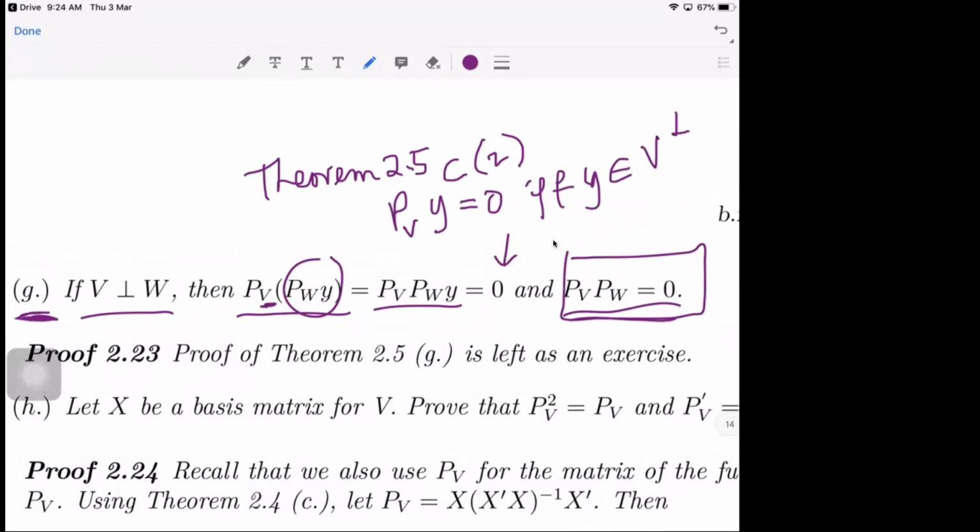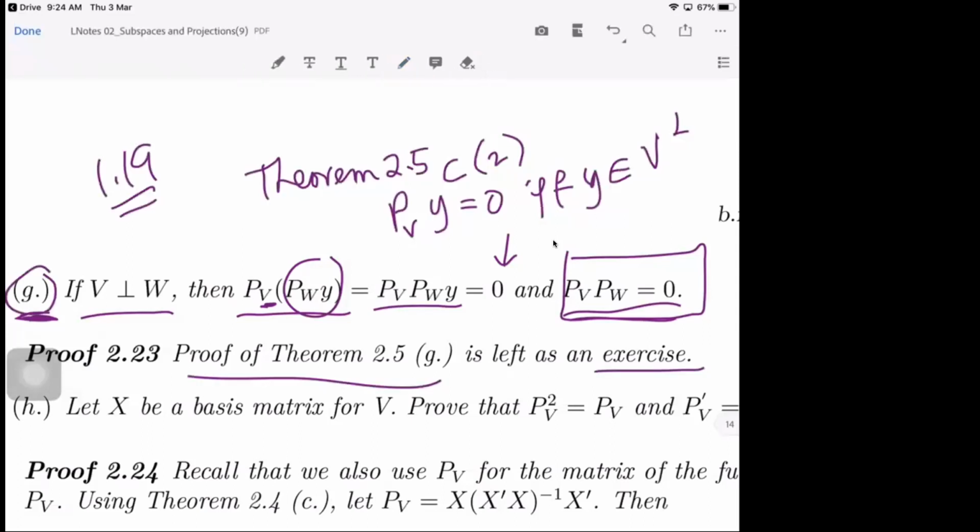And you also use the definition of projection. So the proof of this is an exercise. Next, you have your first exercise 1.19. This is your second exercise. So you just label it, say theorem, H.